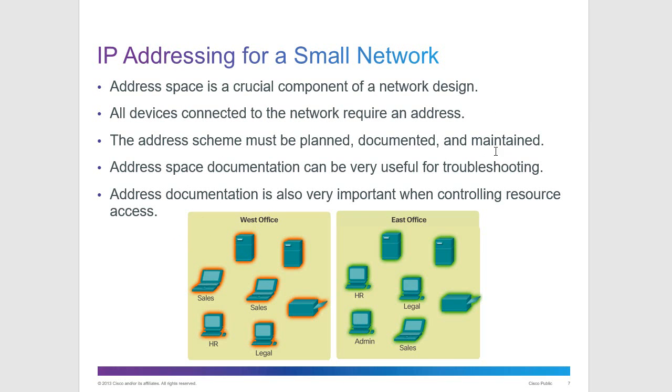Address space documentation can be useful for troubleshooting, and address documentation is also very important when controlling resource access. So we've talked about this really in chapters 6, 7, and 8, as we were talking about IP addressing in the network layer. So again, that's material we've gone over, revisited.